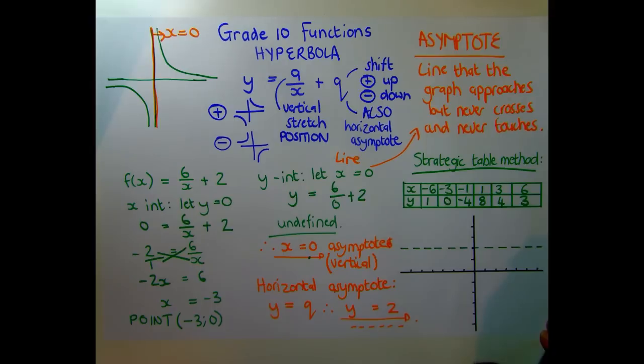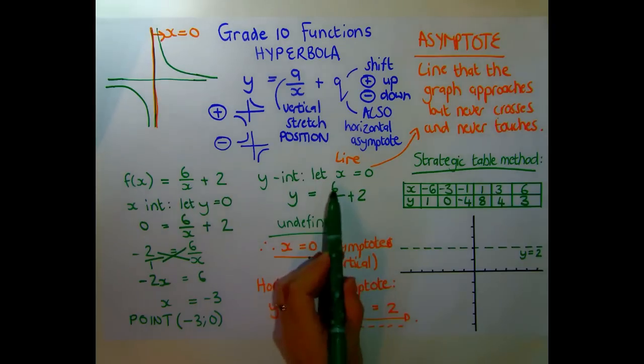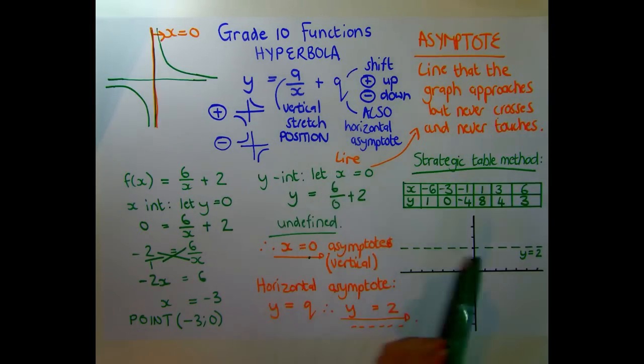So I will label it, and then I'm going to plot in some other points. Now, I know because the a value is positive that I'm going to have a graph where the two bits lie top right and bottom left. So I'm expecting that, and if that's not what I get, I've probably made a mistake in the table.